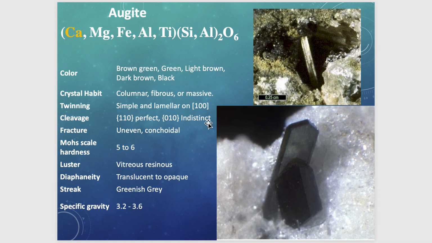So you get columnar, fibrous or massive crystals, but they are usually quite elongated, and they have the same type of cleavage, so the 110 and 010. Quite often you will recognize augites because they're much darker, the classical black pyroxene, which is the most frequent variety we find in nature.